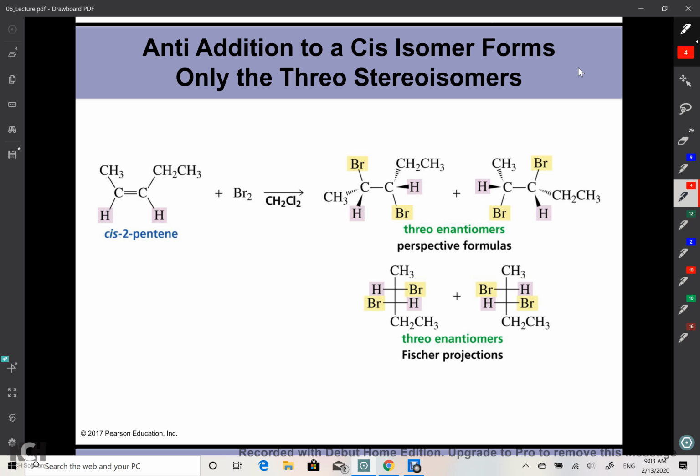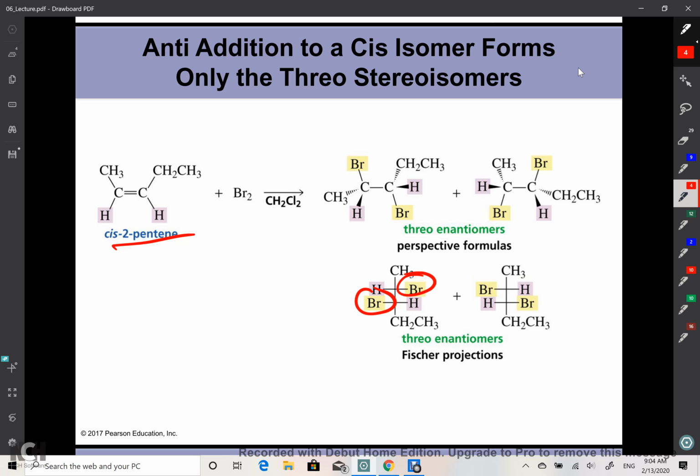So an anti-addition of a cis isomer will only form the threo. You remember what threo is? It's good to look at them from the Newman projection, from the Fischer projection. The threo means that they will be added one on the left, one on the right. That's basically what anti means. So you only form a threo with a cis in an anti-addition. One will be on the left, one will be on the right, on the opposite end.